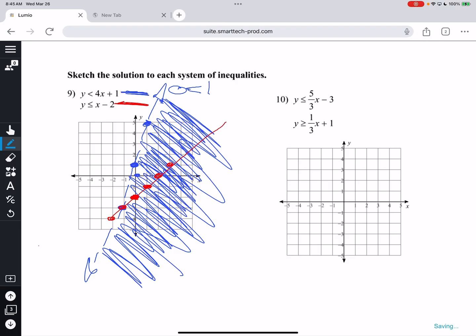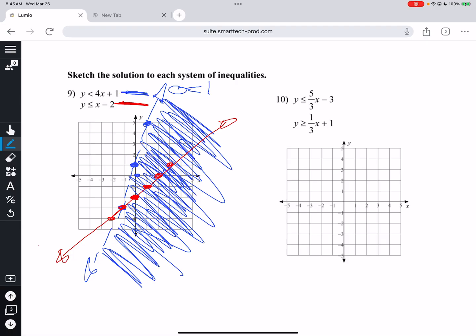If these were systems of linear equations, we would have a solution. You would have that dot. But it's inequality. So will I shade above or below for the red equation? Above, or no, below. I don't know. It's one or the other.